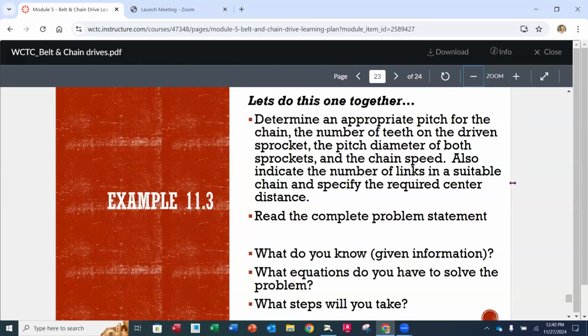I'm going to give you 10 minutes to create an equation sheet, and I'll check back with you in 10 minutes. Pull out the elements from the chapter that you think are going to come in handy for these types of drive problems. Similar to what we did for gears and belts, now you want to do it for chains.